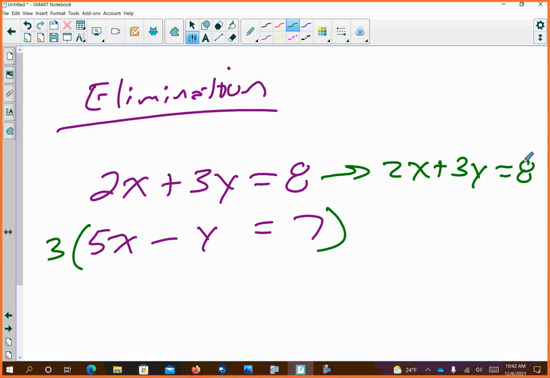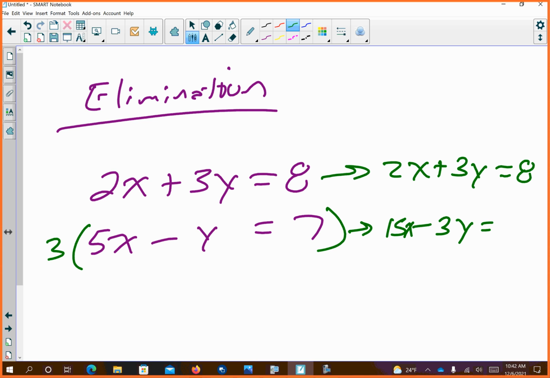It could be either of them. So on this one, if I chose to get rid of x, I'd have to multiply both the top and the bottom by two different numbers. But on the bottom one, I saw that if I multiply everything by 3, the y's cancel. Does that make sense? But sometimes it might be given to you where it won't work out as nicely, so we'd have to go with that.